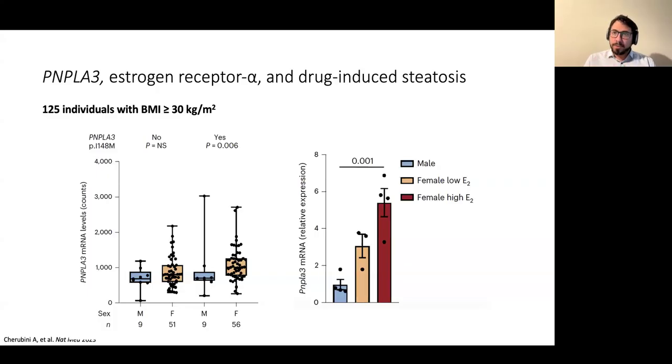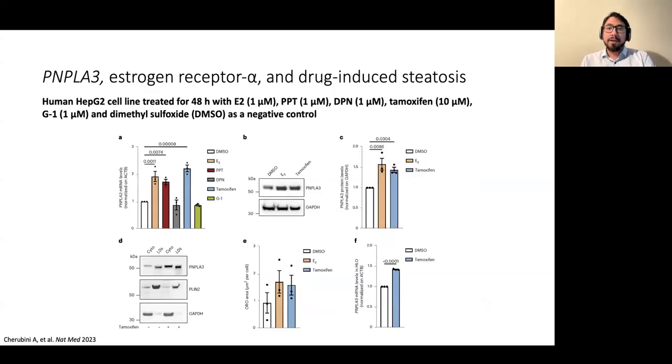So they conducted multiple analyses in individuals, but also in cells, and they observed that the estrogens in females can have higher levels of PNPLA3, and that can modulate how PNPLA3 is expressed, but also can explain why tamoxifen could have a higher impact in some specific populations.